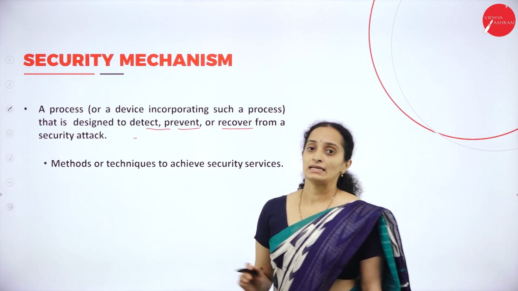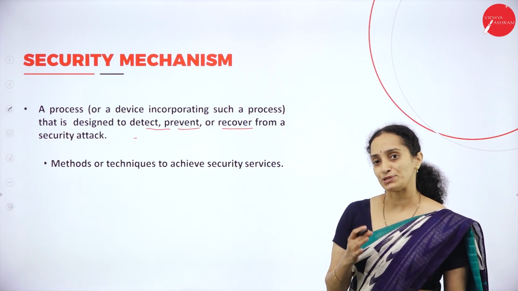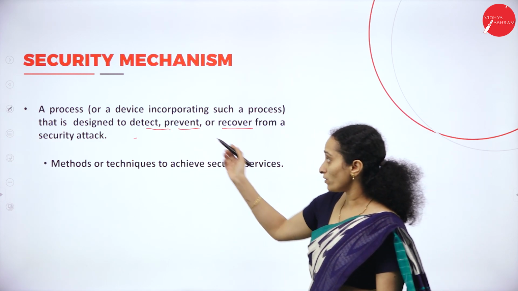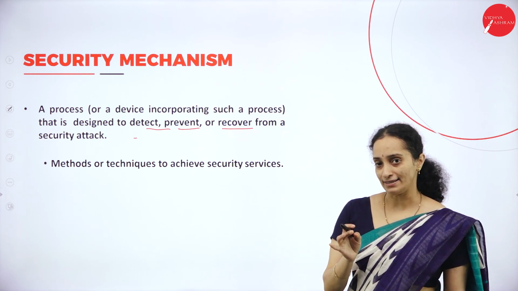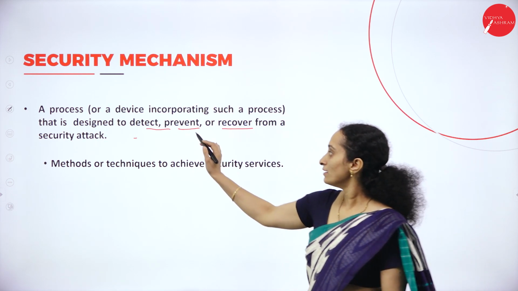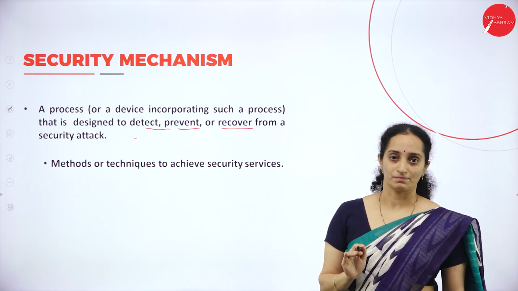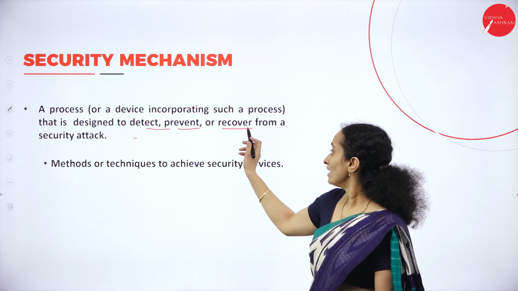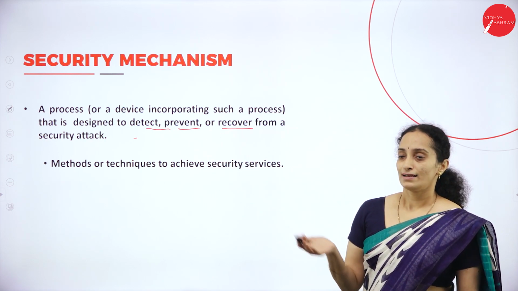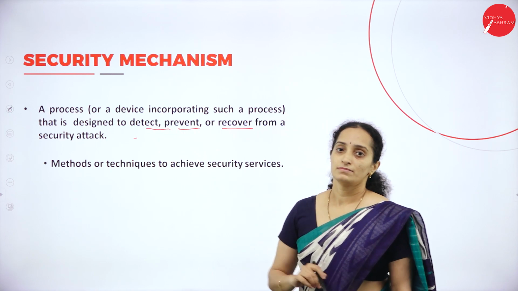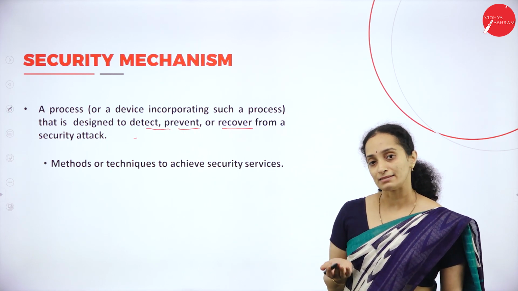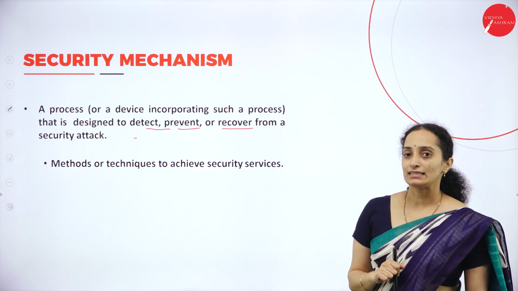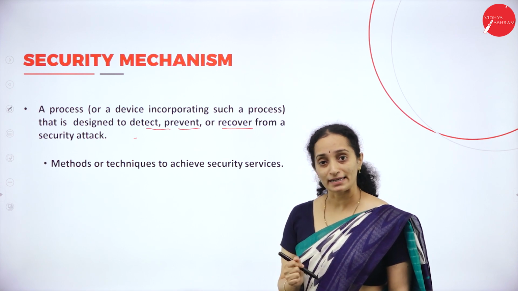So, the first goal of having security mechanisms is to detect the attack. If you have detected any possible attack, you must try to prevent it. Prevention is again better than recovering from the attack. Suppose you ran the detecting algorithms but were not able to detect or predict the attack.